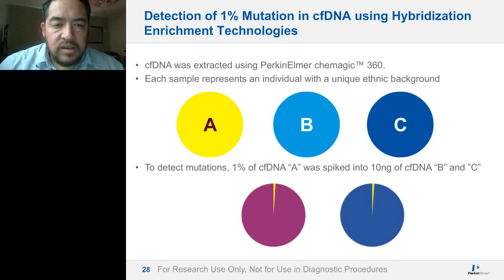So this ends up leading to the fact that, with this workflow, we're able to show a detection of 1% mutation in cfDNA using hybridization enrichment technologies. Again, with this DNA that was isolated from plasma on the chemagic 360, each sample represents an individual with unique ethnic background, and we detect mutations where only 1% of cfDNA was spiked in.